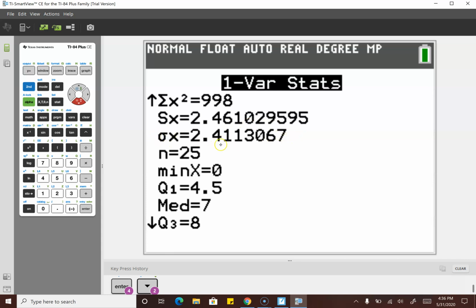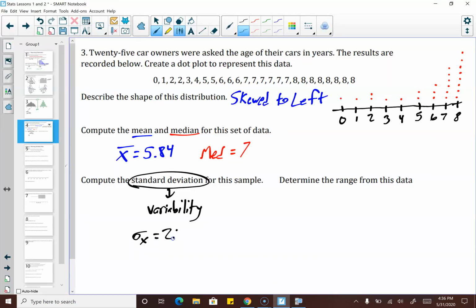We'll take this to the nearest 10th. So 2.4. That gives us a little bit of variability in this data. But that tells us how far things are away from our mean. So on average, the majority of the numbers are 2.4 away from that mean of 5.84.